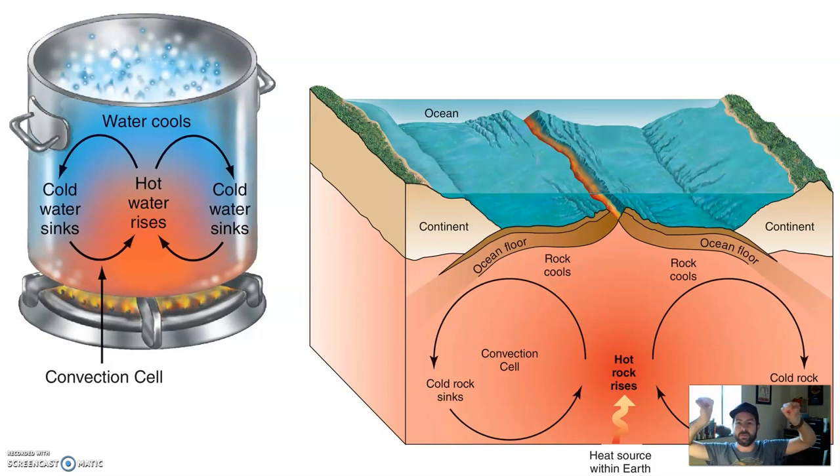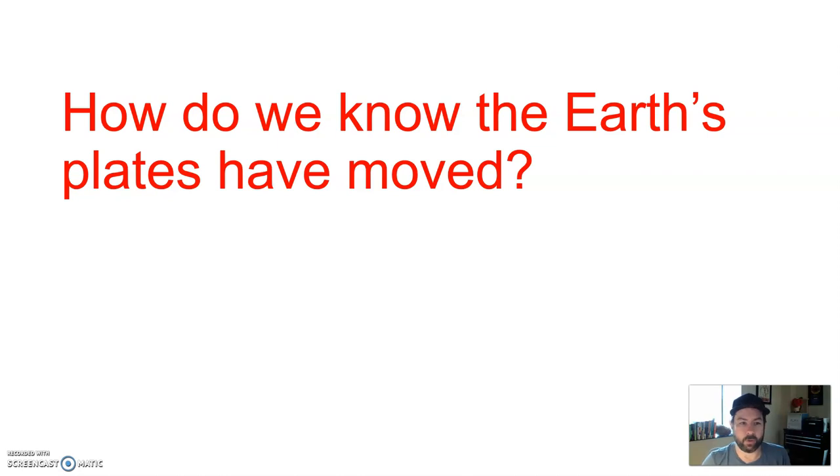So it kind of either moves them apart, or depending on where these convection cells are in the mantle, it might crash other crust or plates together. So how do we know the Earth's plates have moved? The Earth's crust is broken up into a number of different plates, about 12 or 15 big plates and a bunch of small ones. It's not just one solid shell that the crust is. It's broken up because of mantle convection.